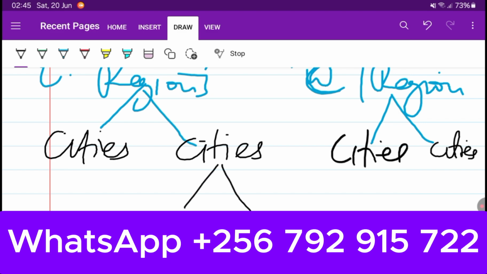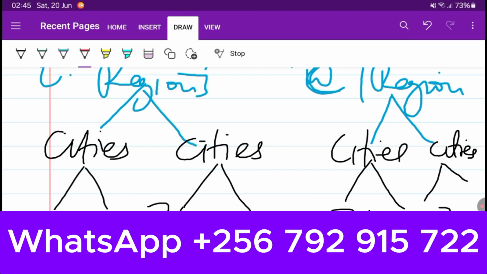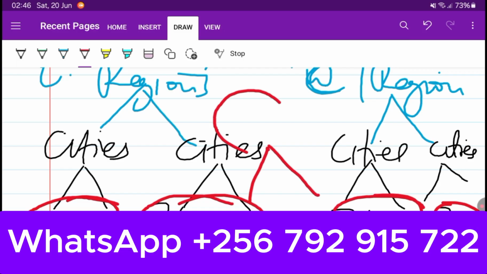Then within those cities, you pick what we call zones. Zones could be municipal. Then it will be from these last zones where you will pick samples that will form the big sample that we are going to study.